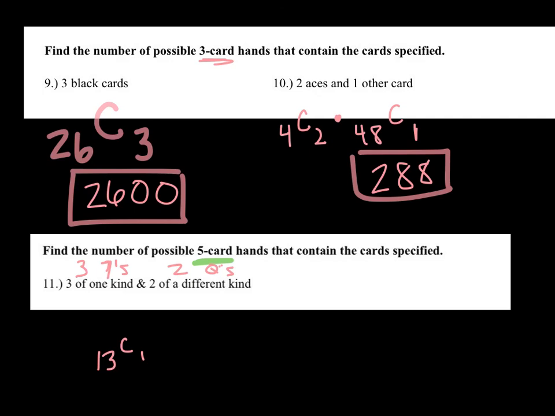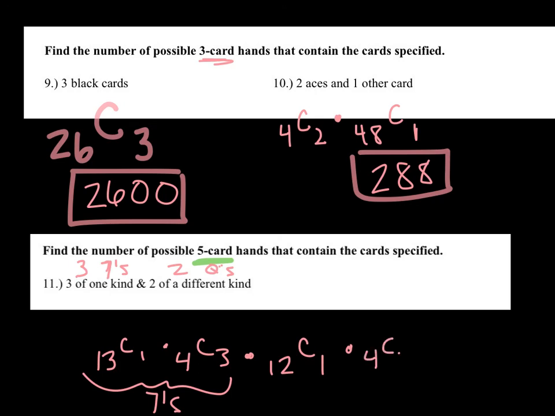Of those 13, we choose 1, say the sevens, and of the 4 sevens in the deck, we want 3 of those. And then we're going to multiply that by the 2 of a kind. So we need to pick 1 of the 12 remaining, because we've picked 1 kind already. So there's only 12 there now to choose from. And of those 4, say, queens, we only want 2 of them.